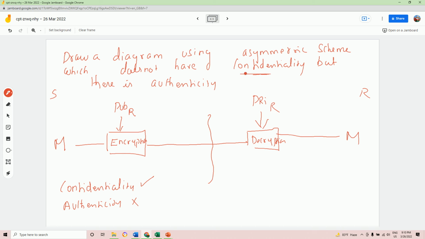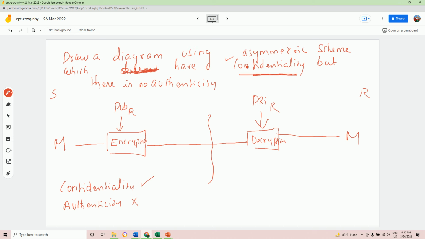Clear? Oh, I am sorry, I made a mistake. The scheme should be one which has confidentiality, but there is no authenticity. We change this now.